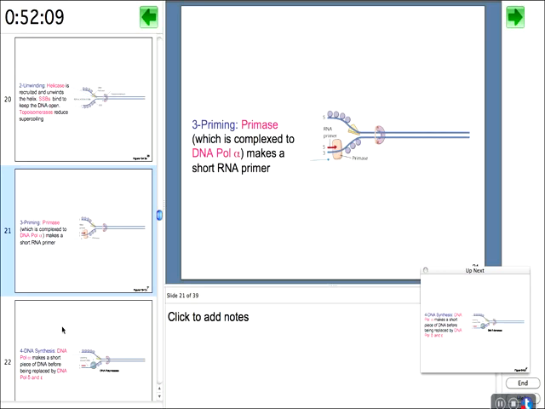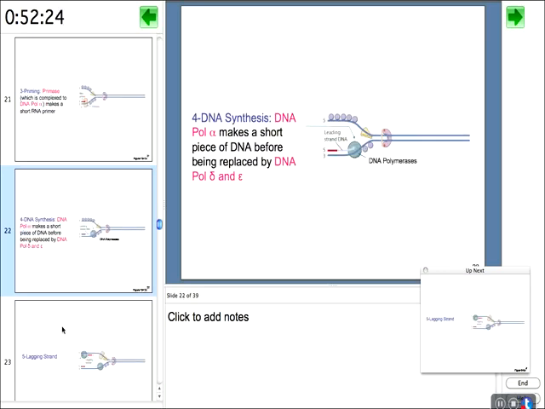They're showing it on one strand, but of course it would be happening on both strands. So you're going to have a primer being made on both strands. Once that primer is made, our first DNA polymerase to attach is, well, he's already there, DNA pol alpha.